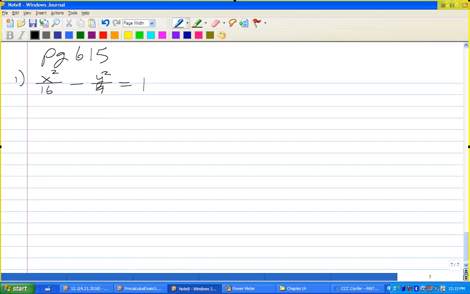So first off, the center of this hyperbola is the origin. a is the square root of 16, 4. b, the square root of 9, is 3. c, 16 plus 9 is 25. The square root of 25 is 5. The asymptote is given as y is equal to plus or minus b over a times x.